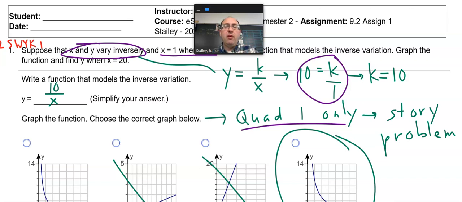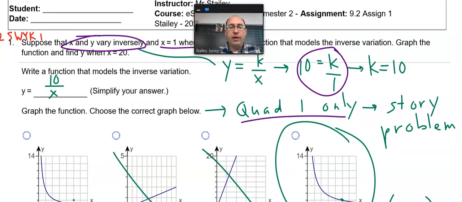When we talk about story problems, we say, okay, we've got 100 cars to wash. And if we have one kid wash all 100 cars, it's going to take X amount of time. But if we have 50 kids come out to wash cars, it's going to take this amount of time. So we do that with story problems because we're dealing with positive numbers most of the time. So that's why, whoops, that ain't what I wanted to do. I wanted to move the whole thing.